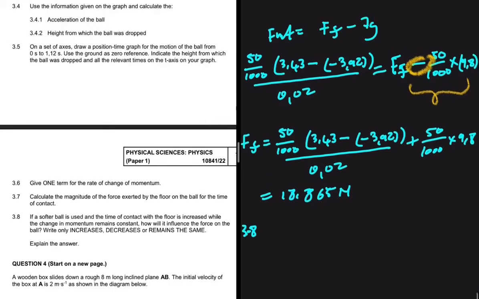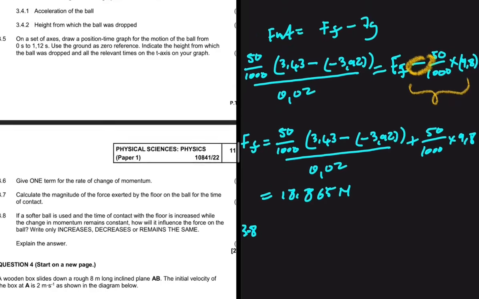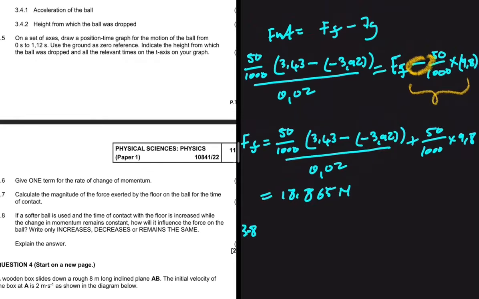Right, 3.8. In 3.8, the question is saying, if a softer ball is used and the time of contact with the floor is increased while the change in momentum remains constant, how will it influence the force on the ball? Only increase, decrease, or remain the same. It is going to decrease, so the answer here is decreases. Why am I saying that?